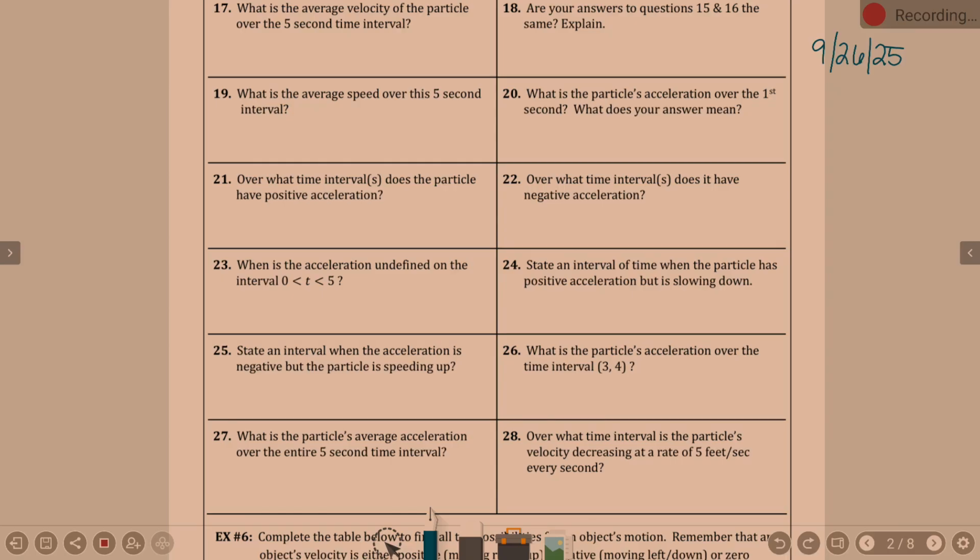I know it's acceleration to be 6. If we're, let's see, I'm trying to think how I want to explain this.